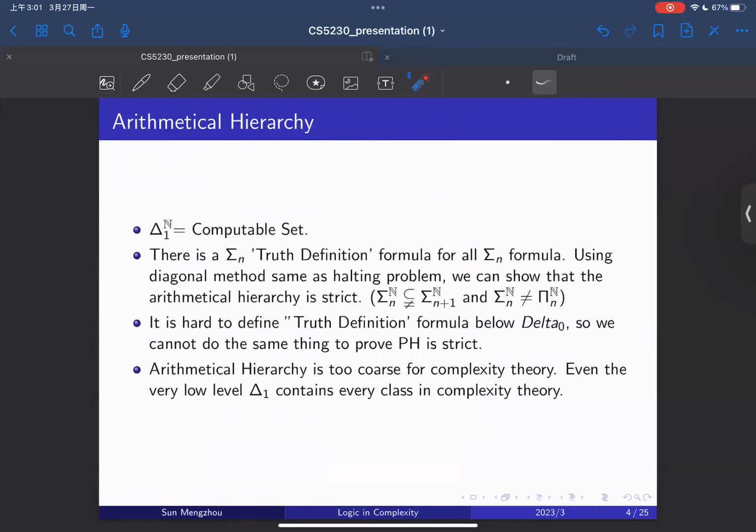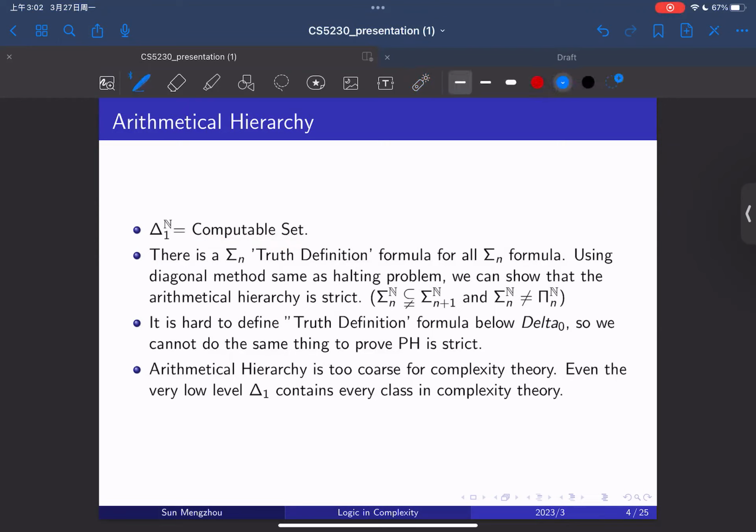So actually, from classical computability theory, we know that the delta 1 definable subsets of natural numbers are exactly the same as computable sets. And there is a truth definition, a sigma n truth definition formula for all sigma n formulas.